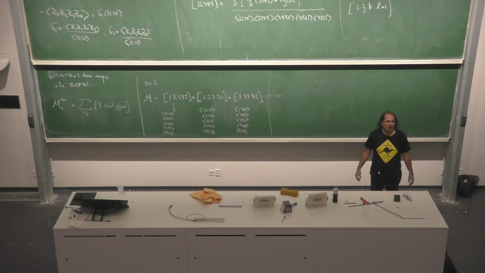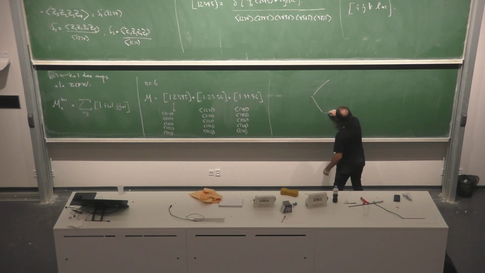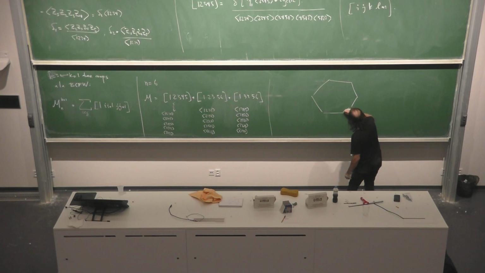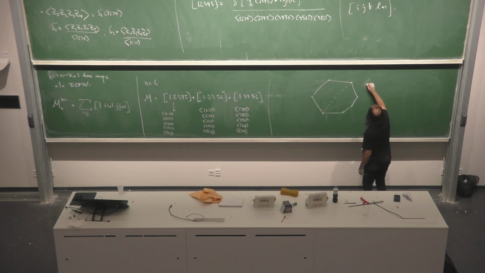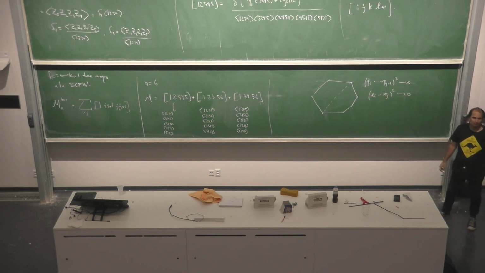Now let's back up for a second. What are the poles that the amplitude should be allowed to have? What are the physical poles that the amplitude should have? If we go back to our polygon picture, because of the ordering, again as with our earlier icosahedron, phi cubed story, the only poles the amplitude can have are when the sum of consecutive momenta goes on shell, in this case goes to 0, which means when (x_i minus x_j) squared goes to 0, right?